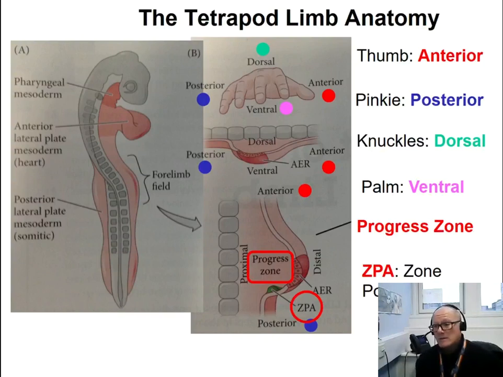We will see how this ZPA is important, in particular for establishing an anterior-posterior axis. And we have a thickening of the external ectoderm, which is called the apical ectodermal ridge. This apical ectodermal ridge is extremely important to establish both an anterior-posterior axis as well as a proximal to distal axis, and it also contributes to dorsoventral division in the limb.